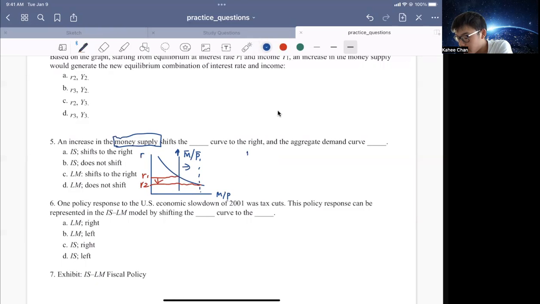So how does it affect the M curve? Well, the M curve is always sloping upward.